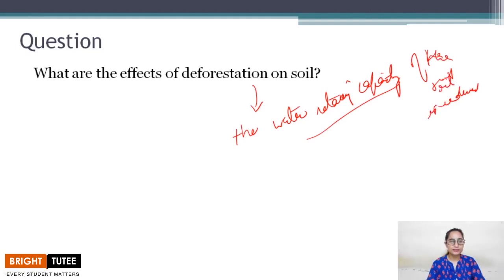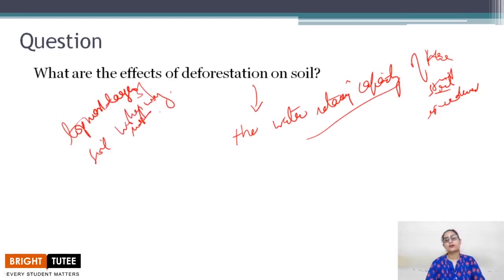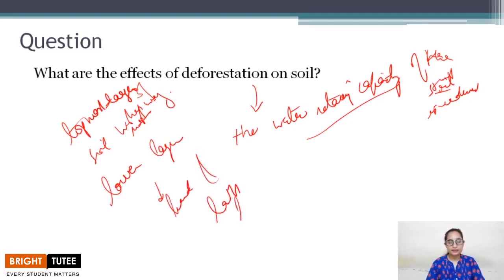So basically, this is the effect on soil, and also the topmost layer of soil washes away, which has all the nutrients and humus, due to which the lower layer comes on top, which is hard and lacks humus. So this is the effect on the soil. That deforestation causes these effects on the soil, right?